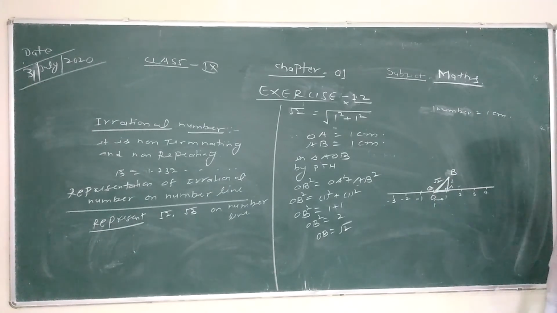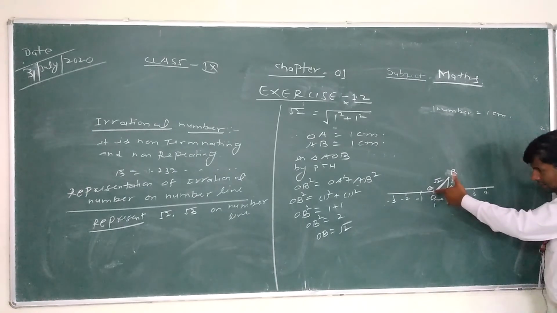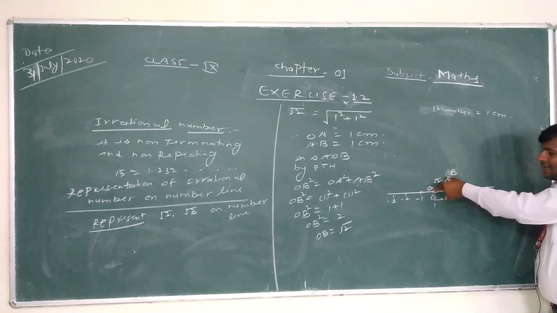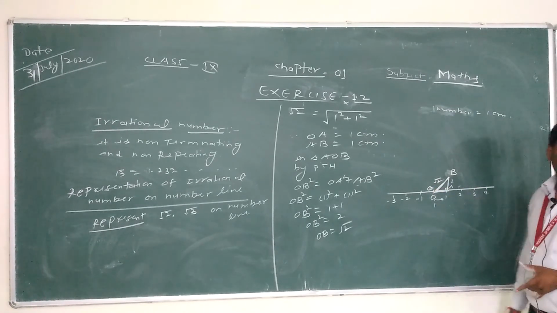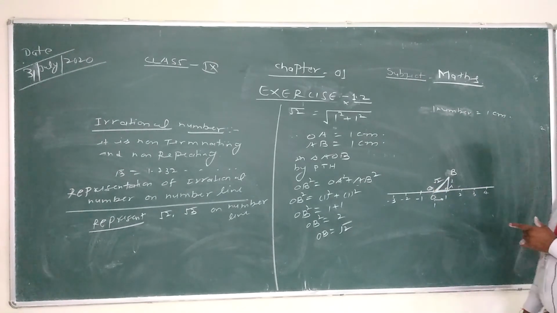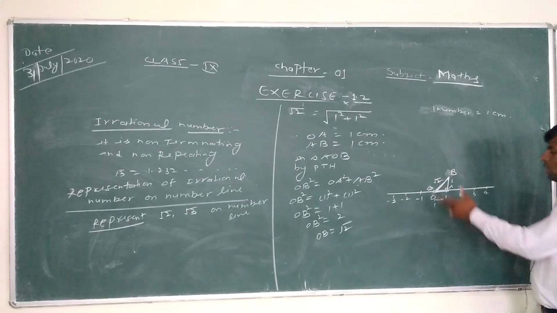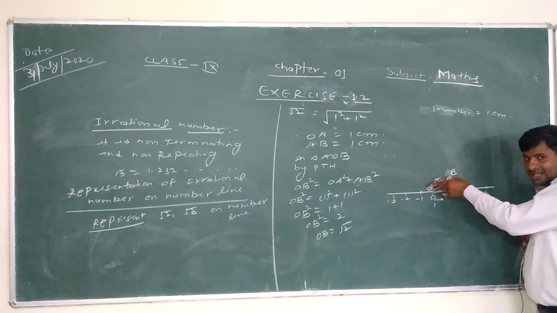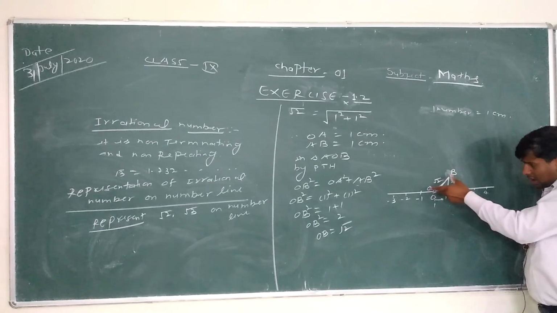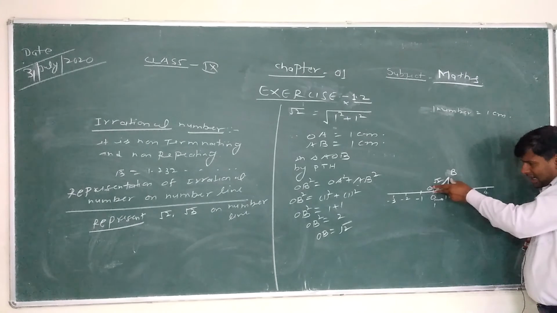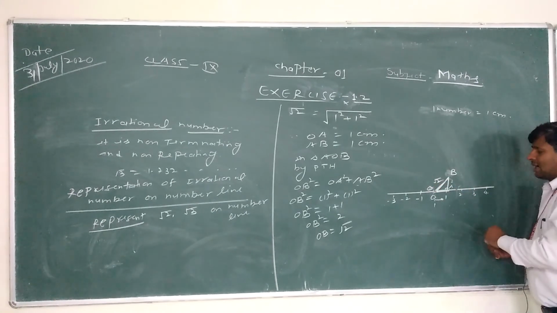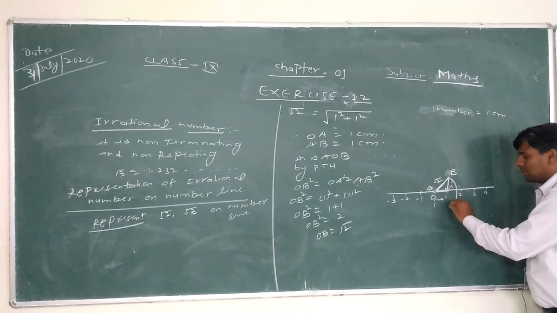Then you can take O as a center and OB as a radius. Take O as the center and OB as the radius. O को सेंटर लेंगे, OB को रेडियस लेंगे. और कंपास यहाँ पे रखें, ये रेडियस लेके एक आर्क कट कर दें.